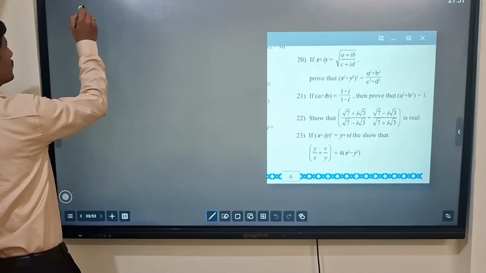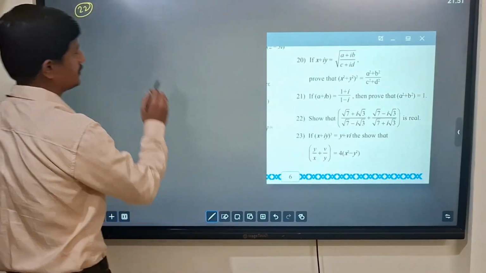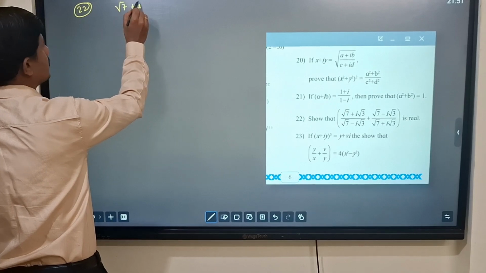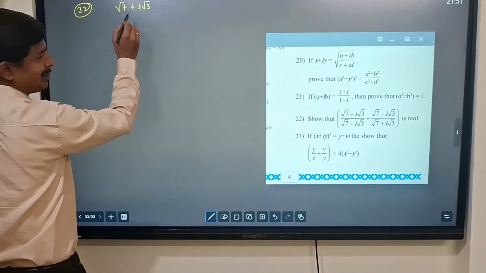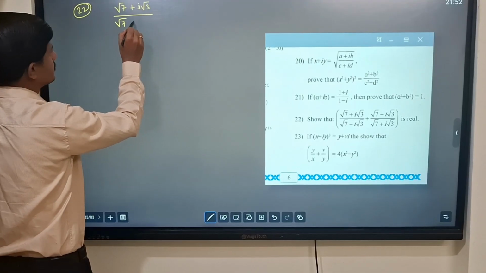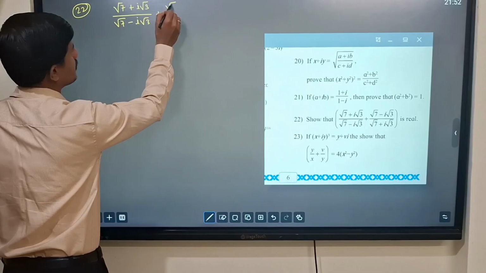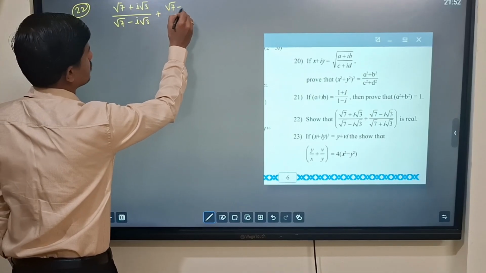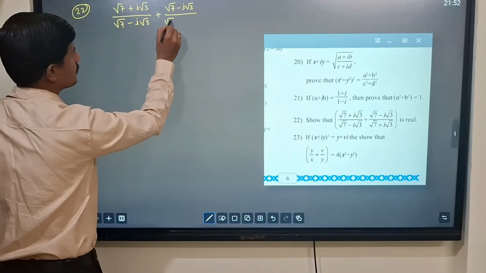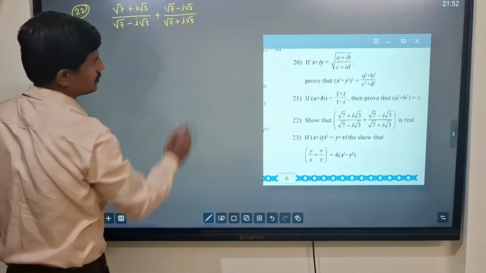Question 22: show that this term is real. So the term is square root of 7 plus i square root of 3 upon square root of 7 minus i root 3, plus root 7 minus i root 3 upon root 7 plus i root 3.